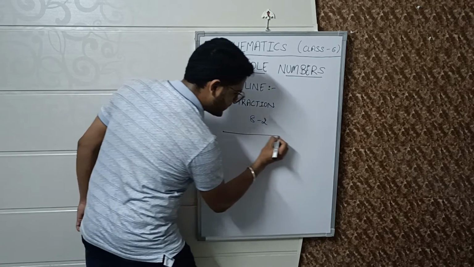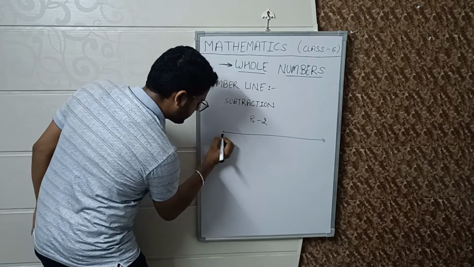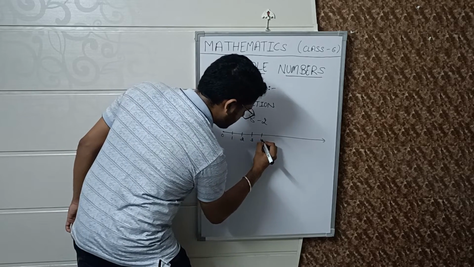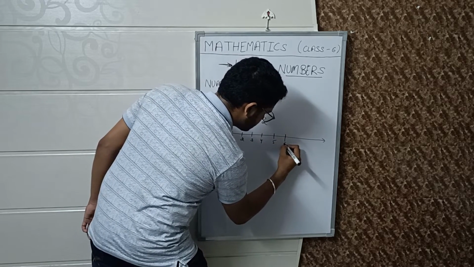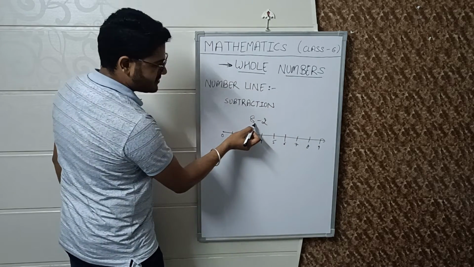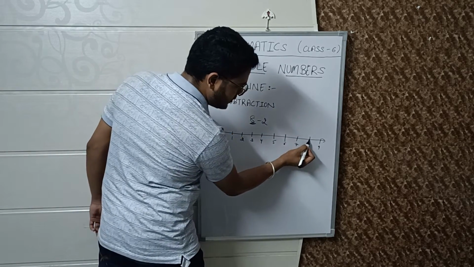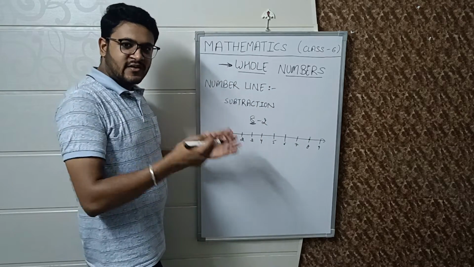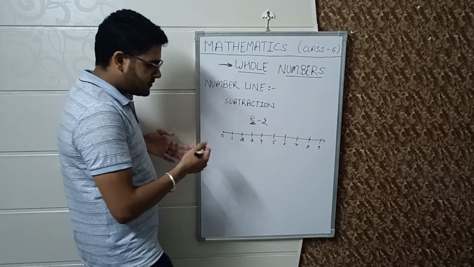Again we will be creating one number line first. Our first number is 8. We mark a dot here. So we are going to do subtraction, which means our jumps will be on the left side, right?